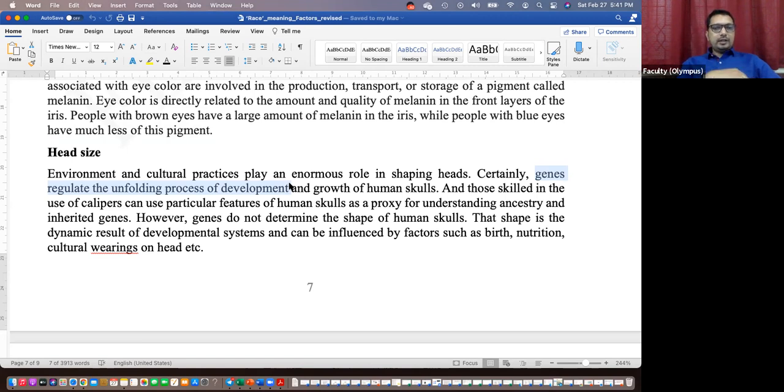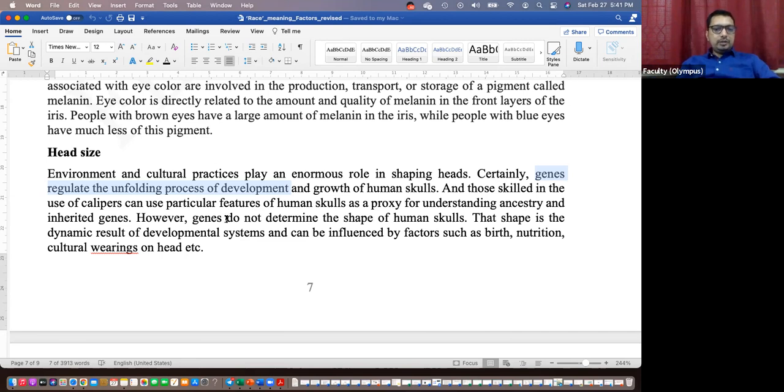Measurements that we take, cranial indices that we calculate, clearly indicate that we can measure those differences. But do we have different genes responsible for different head shapes, different dimensions of head? That seems to be not the case. So we probably don't have genes responsible for different shapes of head.